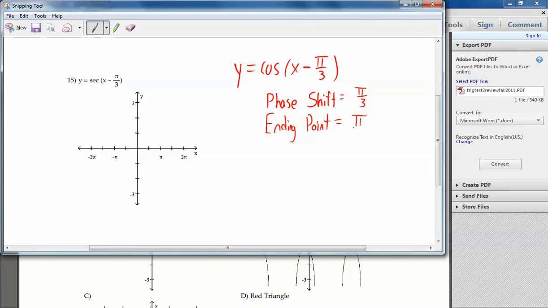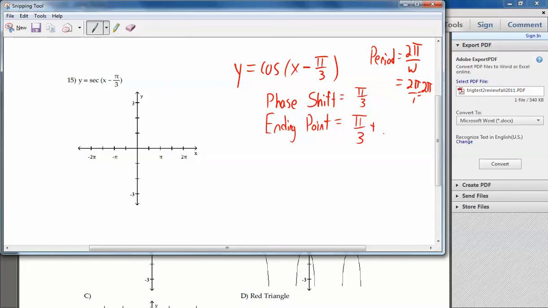So my phase shift is pi over 3 plus, since there was not a number in front of the x, we just think about it like it was 1x. So my period is 2 pi divided by omega, or 2 pi divided by 1, which is 2 pi.